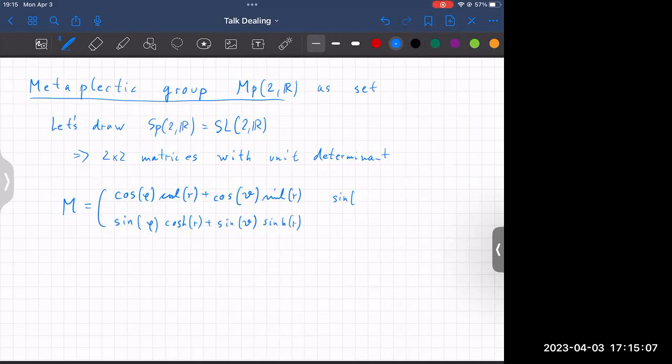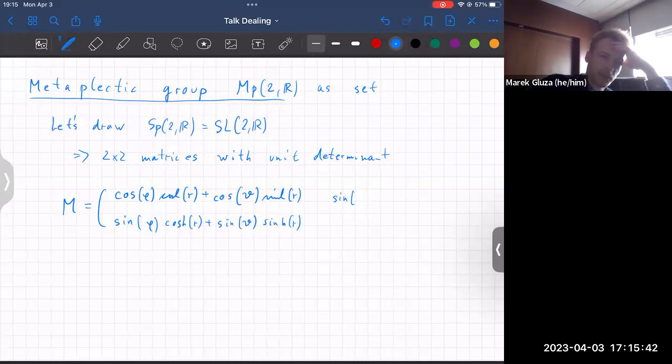Let me actually check in another paper. I think I used a different example. It's the same parameterization, but I think this one is written a bit nicer. It should be correct what I wrote, but I just want to give a nice example.